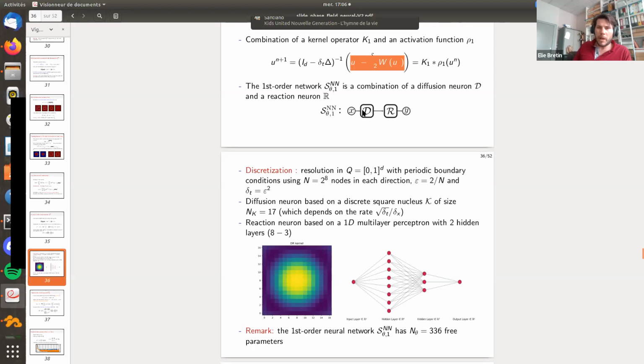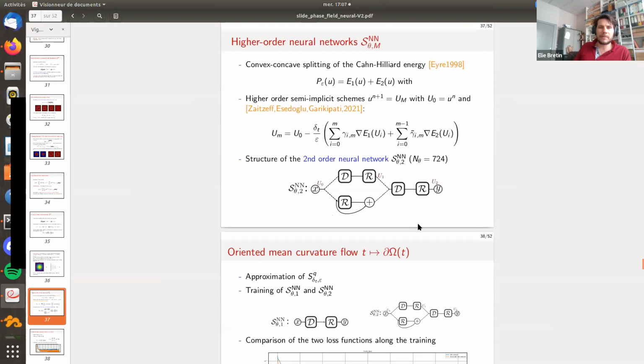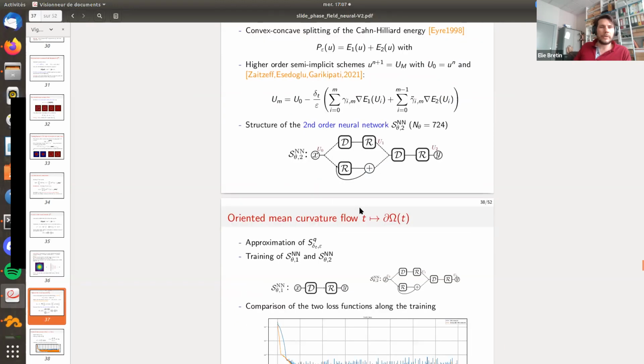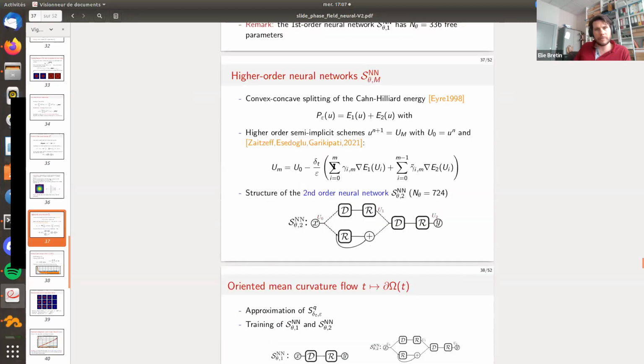We also inspired our neural network from a Bence-Merriman-Osher algorithm for the Willmore flow, which consists of taking this neural network in parallel with another one, and then combining them with a last one. So we inspired our neural network from a classical scheme, the Bence-Merriman-Osher discretization of the Allen-Cahn equation. Then we observe that this neural network is of a typical form like this one, and so we now have an idea how to generalize it.